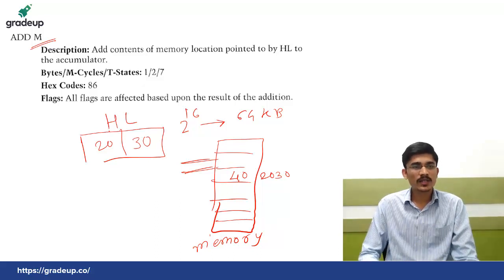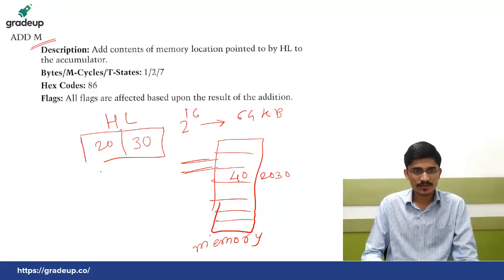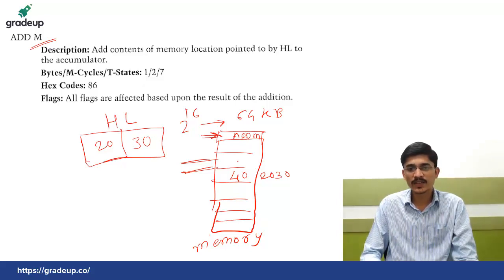Suppose the microprocessor is running here, and it has add M written. The hex opcode for that is 86, so 86 will be written here. It will come to know that it has to add M, and M is the memory location pointed by the HL register, that is 2030.